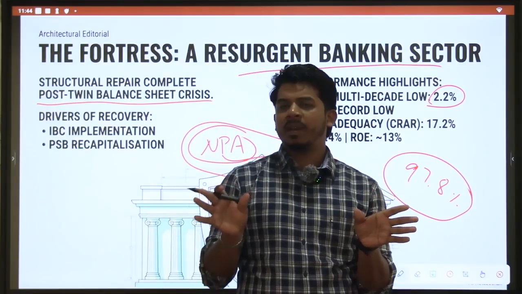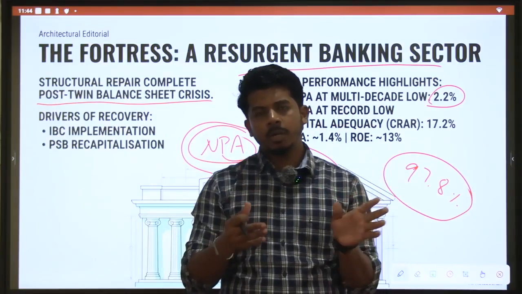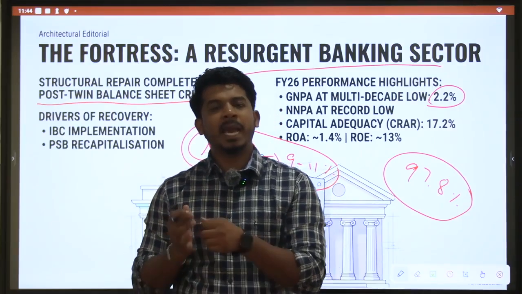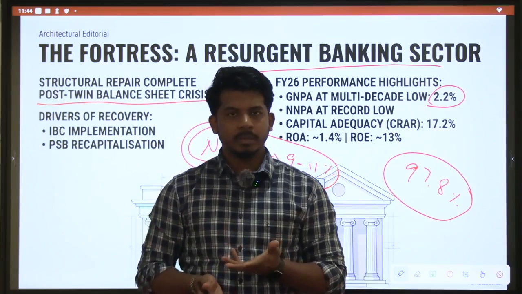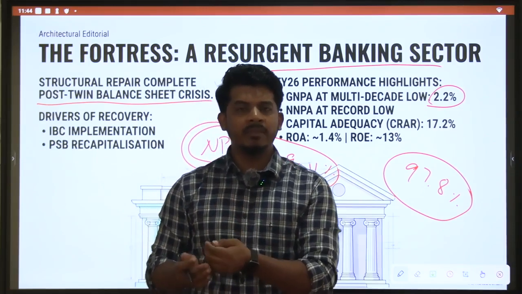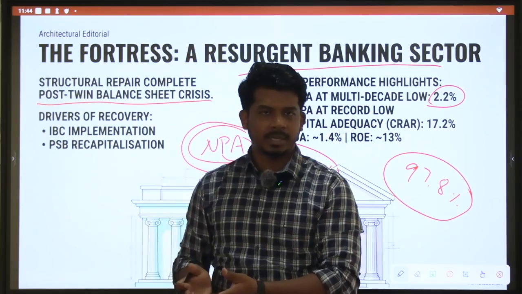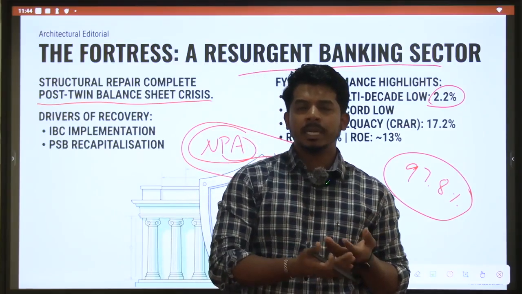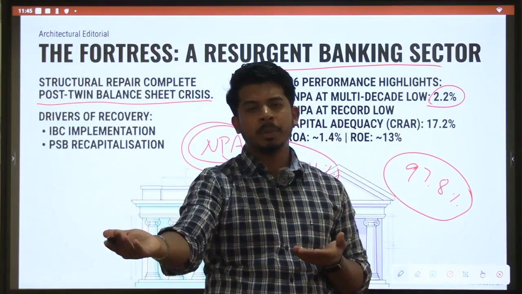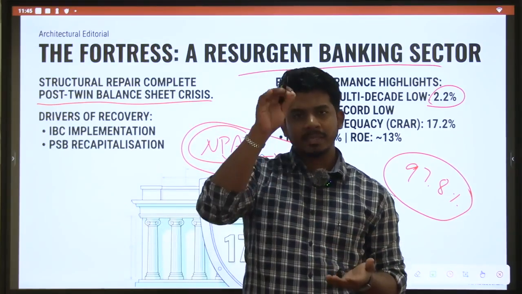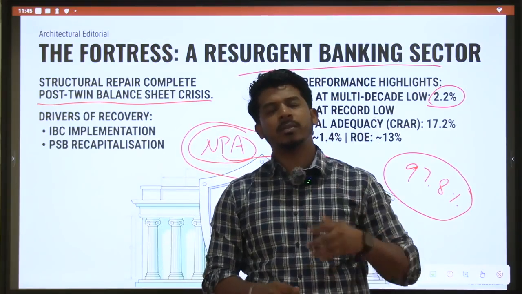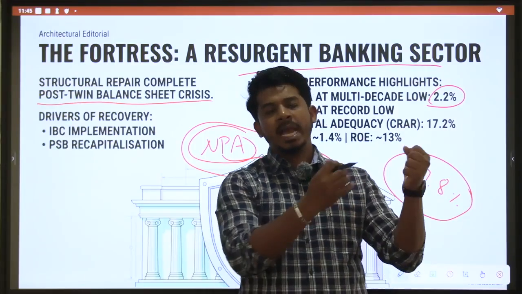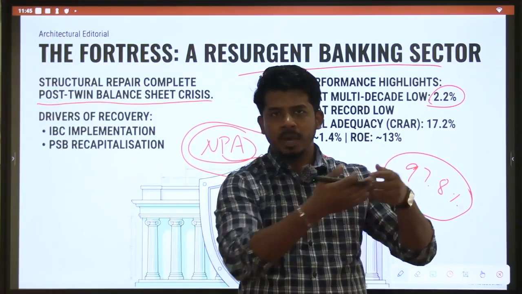When companies do not perform properly, say I have taken a loan and invested in something but it did not work out, then my balance sheet will be poor. It will not look good because I will have too many liabilities and too few assets. When I cannot pay back the loan, what happens to the bank? Suddenly the bank will lose its asset because I am not paying back the loan. So the bank's assets will fall, while its liabilities remain, because the bank takes money from the common man in the form of deposits.